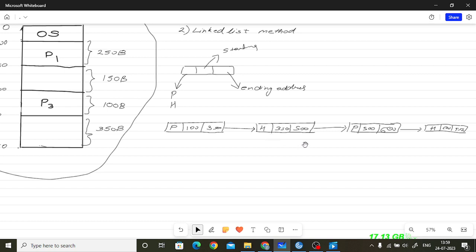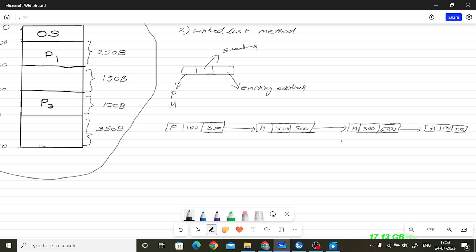If one more process leaves the main memory and creates a hole, then it will create a problem in merging the two holes. Okay, suppose process P3 moves out of memory, then it will create a hole here.